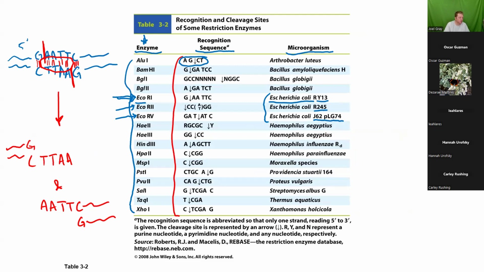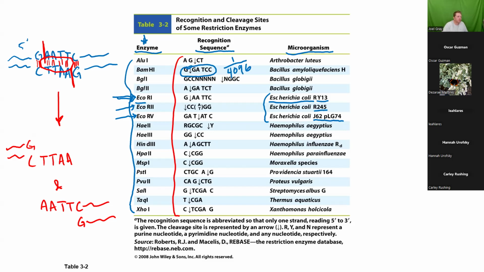Or, just to use the same numbers, what are the chances that in a randomly generated piece of DNA, you're going to find GGATCC? Roughly once every 4,096 base pairs. So if you have a randomly generated piece of DNA that's 4,096 base pairs, then you're going to probably find that sequence one time.